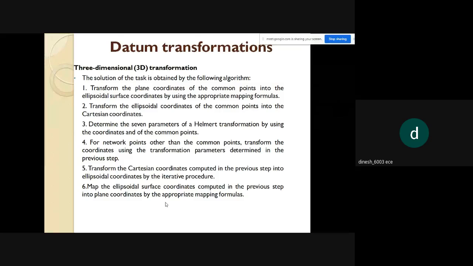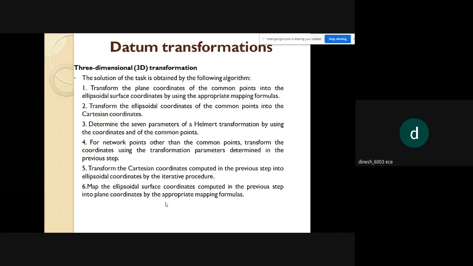What happens in this three-dimensional transformation is that it transforms the plane coordinates of the common points into ellipsoid surface points by using appropriate mapping formulas. They transform the ellipsoidal coordinates of the common points into Cartesian. Then they determine the 7 parameters of the Helmert transformation using the coordinates of the common points. Then for network points other than the common points, they transform the coordinates using the transformation parameters.